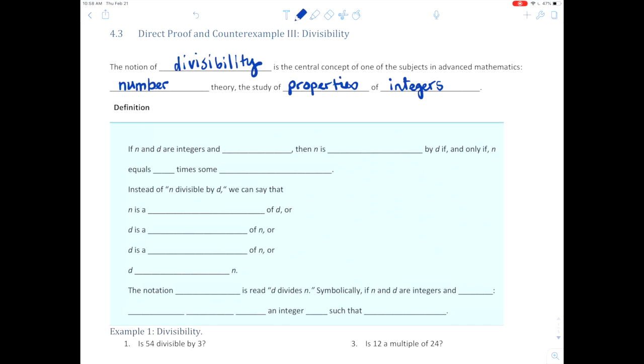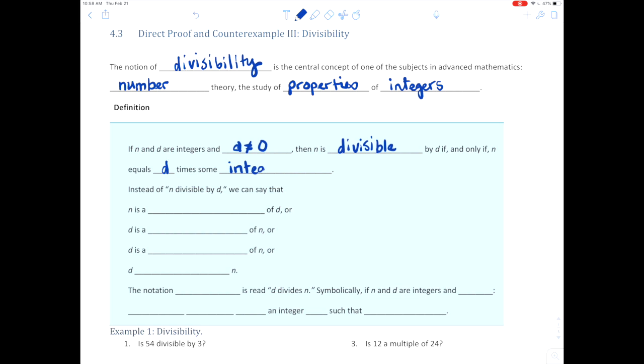So our first definition gives us: if n and d are integers and d is not equal to 0, then n is divisible by d if and only if n equals d times some integer.